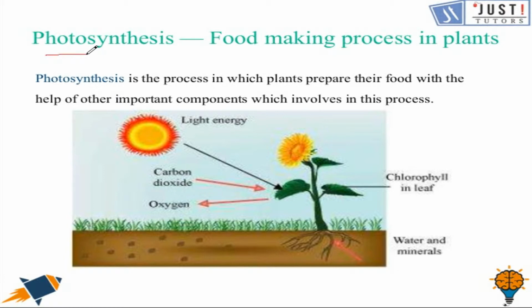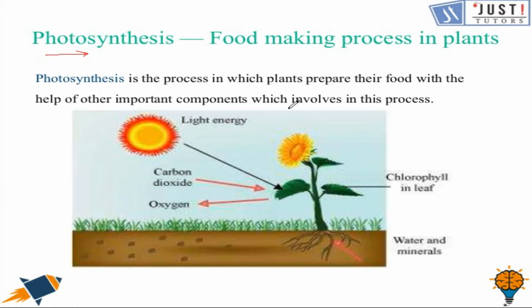Now the question we discussed earlier: how do plants prepare their food? The process which plants follow to prepare their food is known as photosynthesis. As we know, green plants are autotrophic. They prepare their food with the process of photosynthesis. The most important part in the process of making food is the leaves.